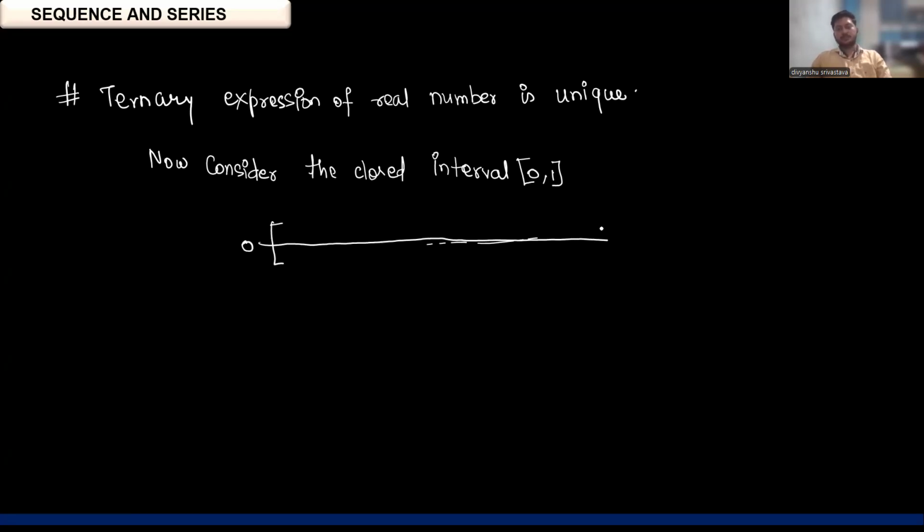Here is 0 and here is 1. Now the values are 1 by 3 and 2 by 3. And here 0 bar, 1 bar and 2 bar.